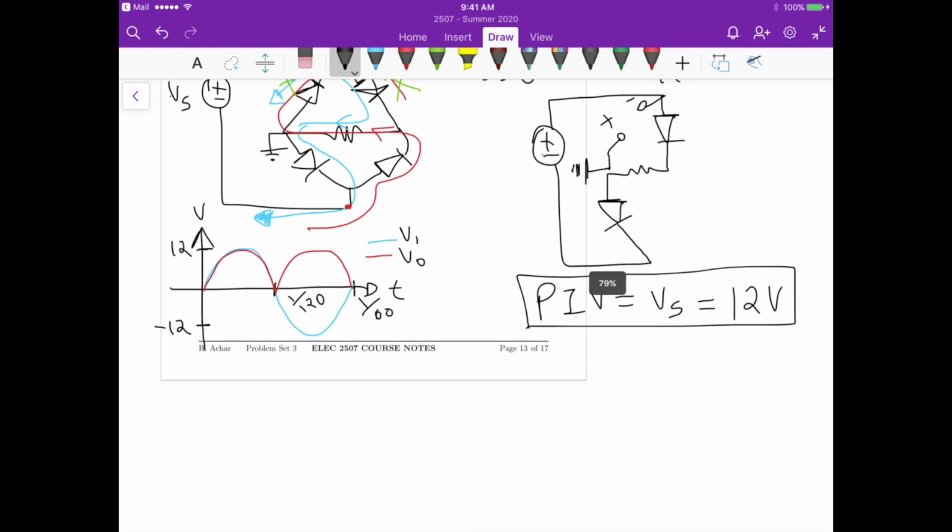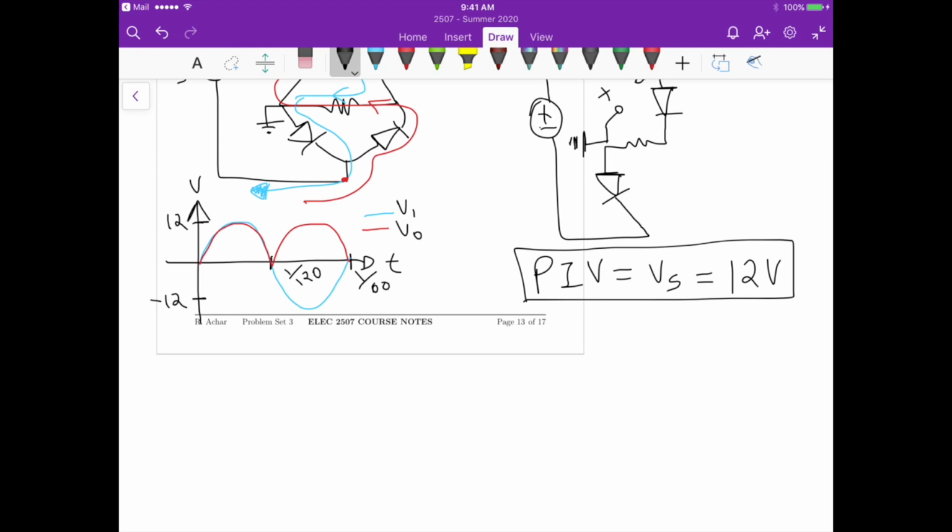Now for the average voltage, it's the same way as we calculated in question 12, right? So we have V average, and because the output has the same shape on both half cycles, we can just multiply by 2.